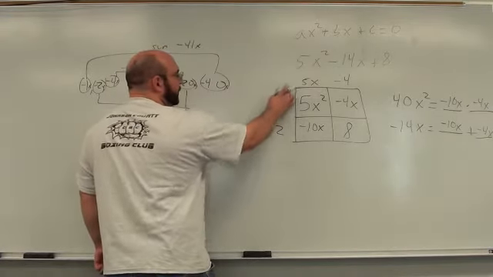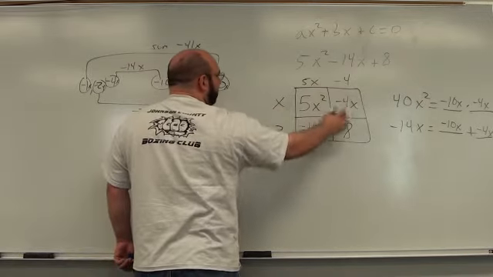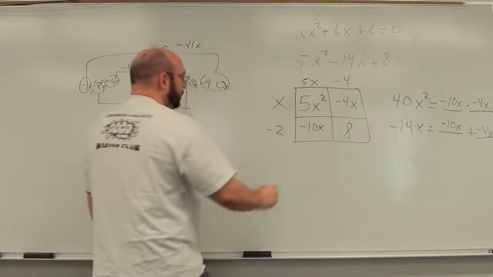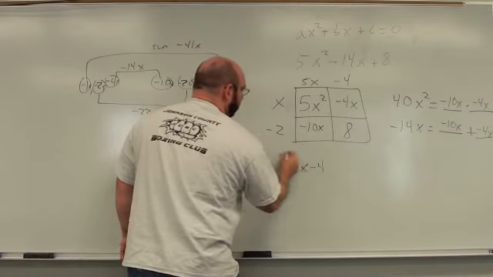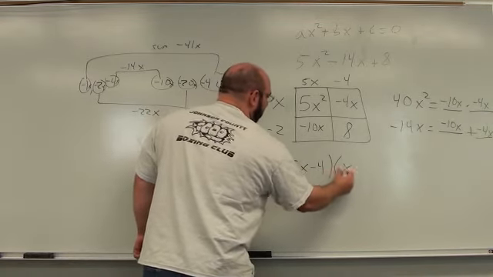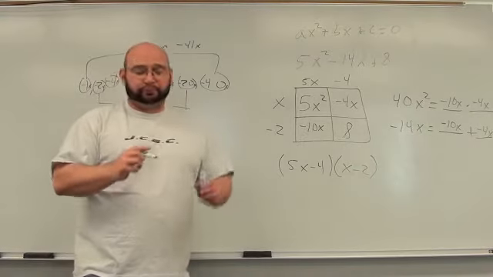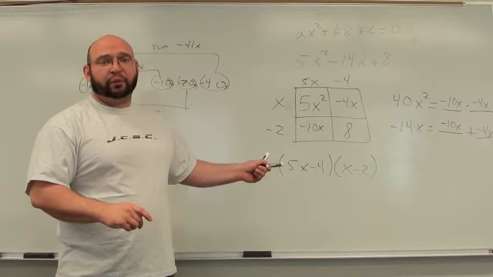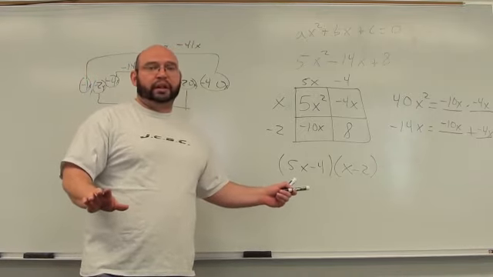Notice negative 2 times 5 is negative 10x. Negative 2 times negative 4 is positive 8. So what I'm going to have is 5x minus 4 times x minus 2. And those are my factors for those two. Take a second to go ahead and write these down, and then we're going to go ahead and get to our next part.